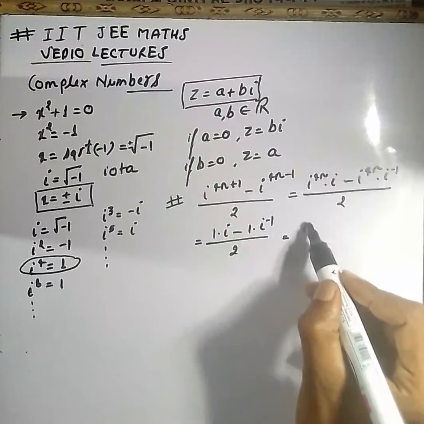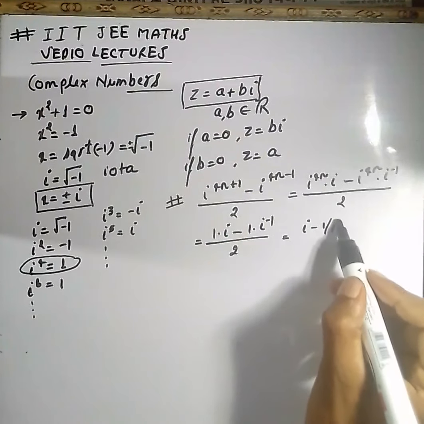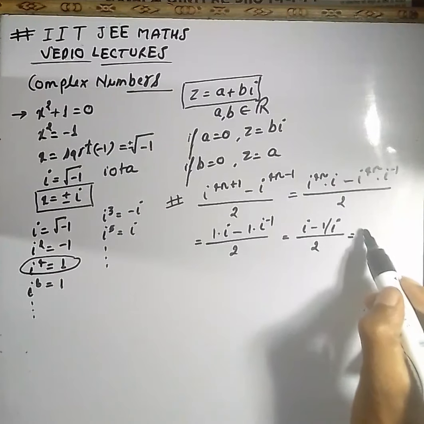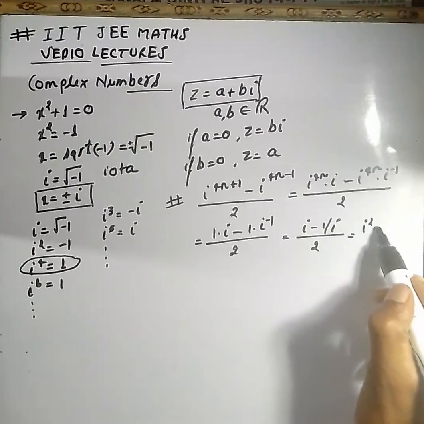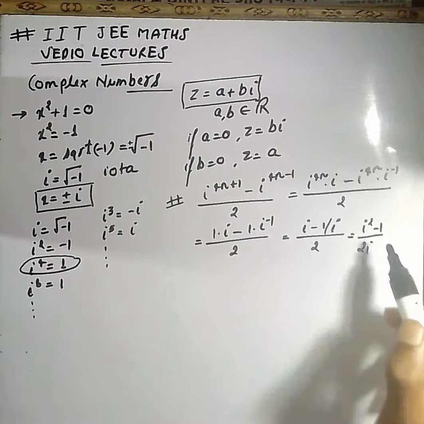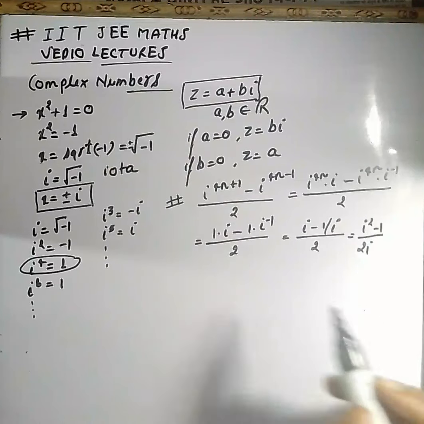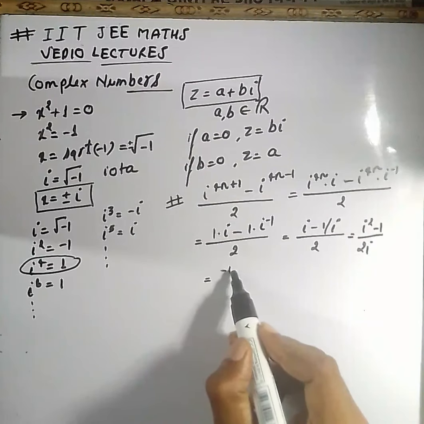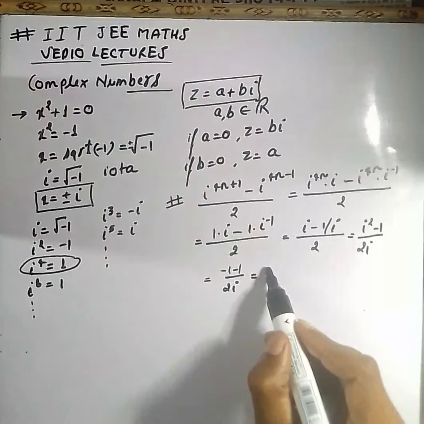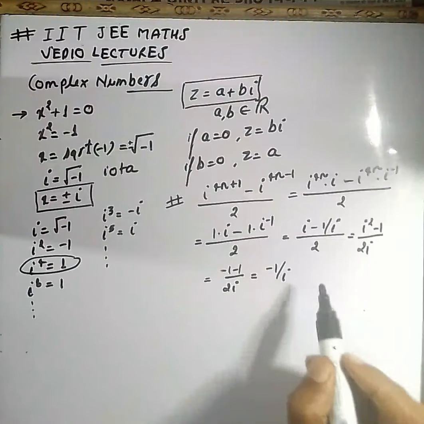So i minus 1 upon i, upon 2. So i square minus 1 upon 2i. And again i square is minus 1. So minus 2 upon 2i, that is minus 1 upon i.